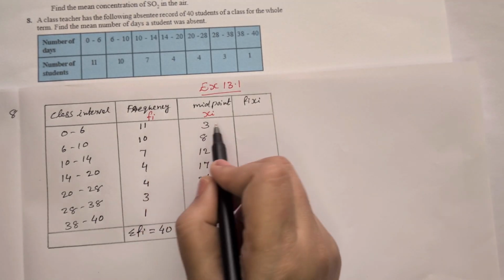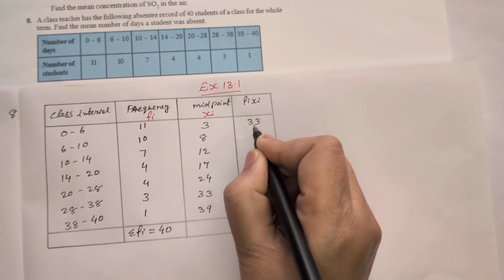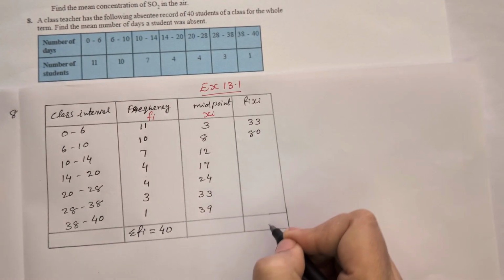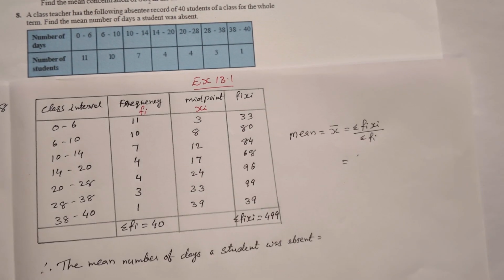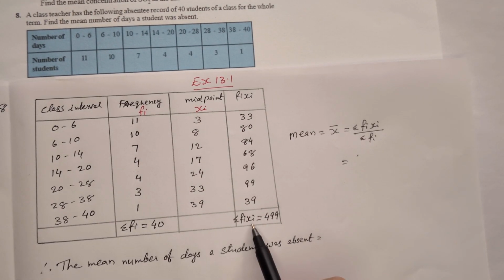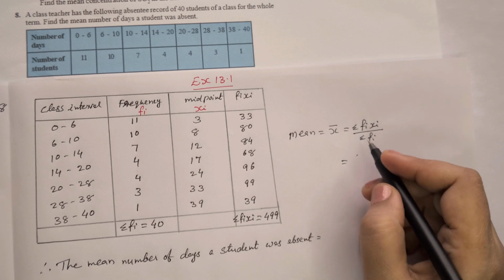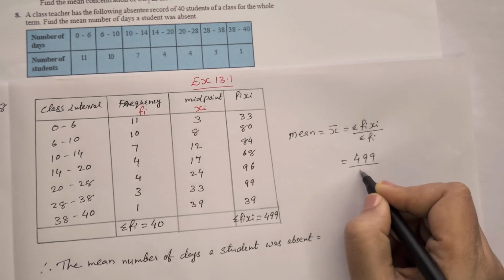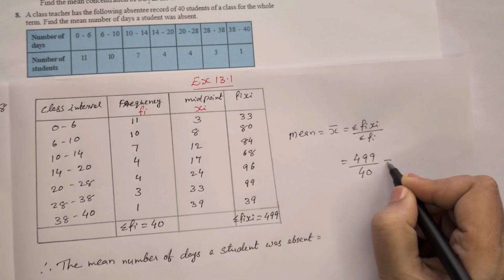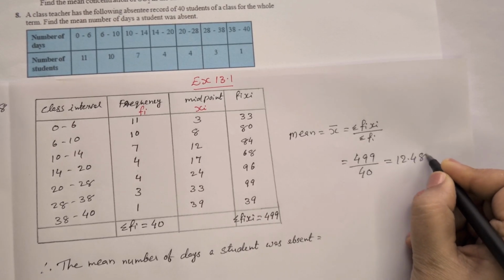Then Fi Hi, multiply 11 into 3, 33, 80, and find the sum of Fi Hi. Here sum of Fi Hi we are getting 499, and sum of the frequency, that is 40. So we can put here 499 divided by 40, which is equal to 12.48.